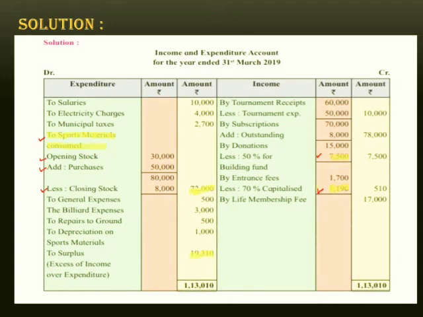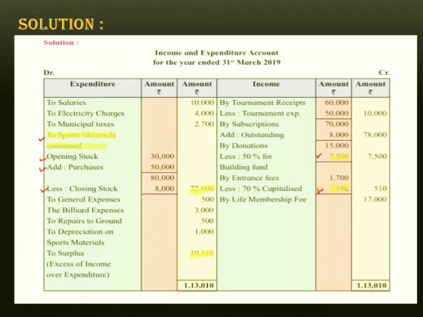It is necessary to write in the books of Purnell's Sports Club, income and expenditure account for the year ended 31st March 2019. Now, debit DR is compulsory, CR for credit is compulsory. On debit side, expenditure is written, amount rupees, and on credit side, income is given, amount rupees.